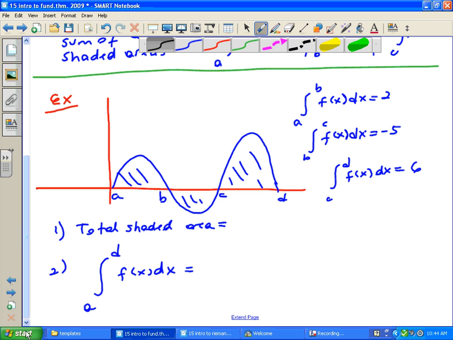And there are two questions to be answered. One is, what is the total shaded area? And the other one is, what is the total integral? The integral for a positive function gives you the area, right? For a negative function, it gives you -1 times the area.